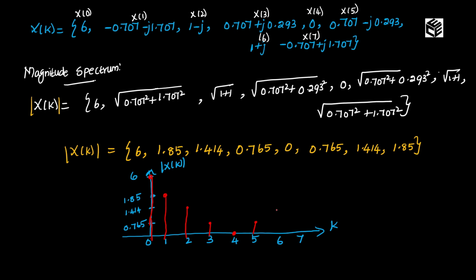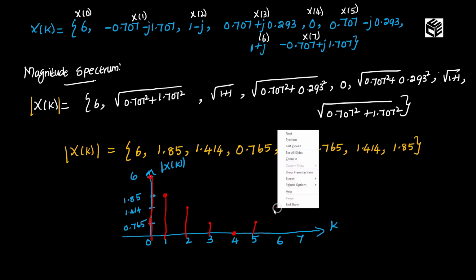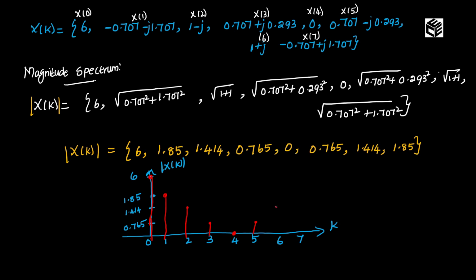And 6 it is 1.414 and 7 it is 1.85. If I just connect these points with a dotted line, I will get the curve. Okay, so this is my magnitude spectrum.